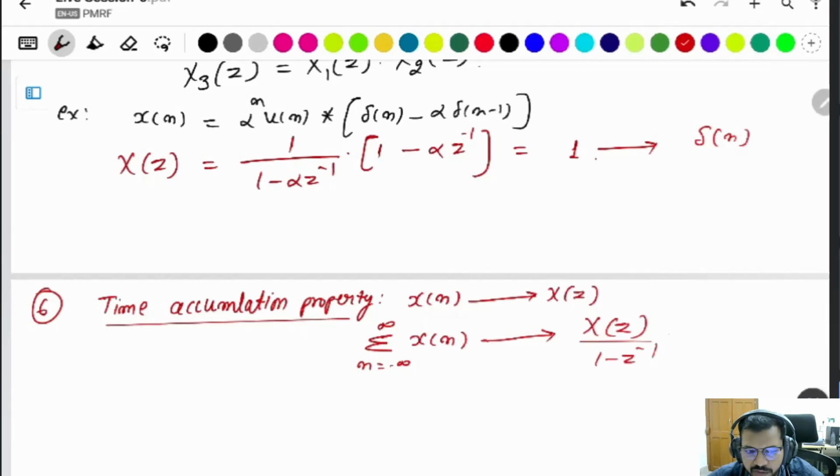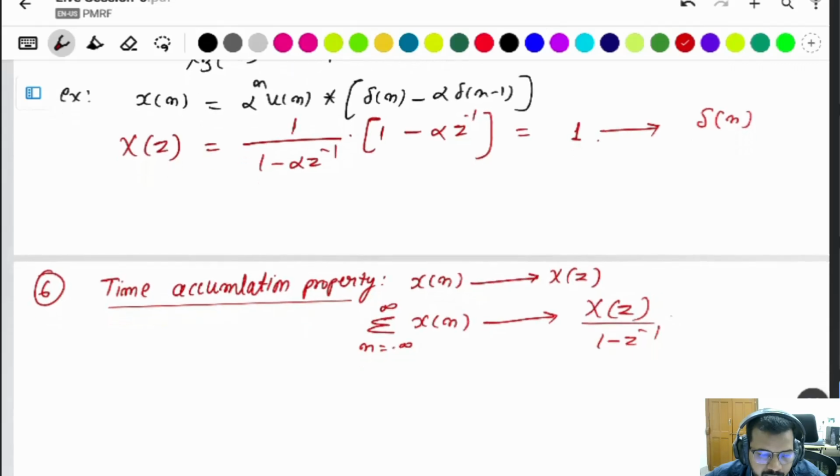This is the final value, initial value. You can add this one, 1 minus z inverse, the summation of any function from 0 to infinity like that. How can you write it directly? Simply let's check from the example.